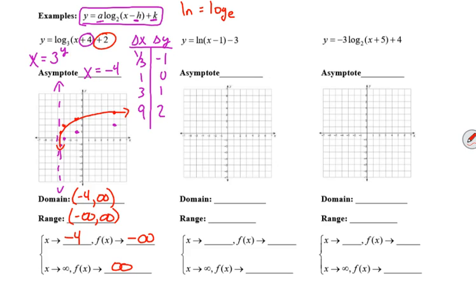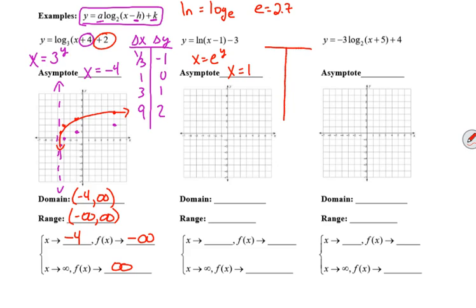E is just a number. And you can abbreviate e to 2.7 for our purposes of graphing. E equals 2.7. So if I'm going to rewrite this in inverse form, it would be x equals e to the y. All right, I have an asymptote of x equals 1.